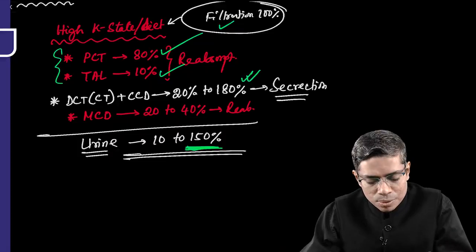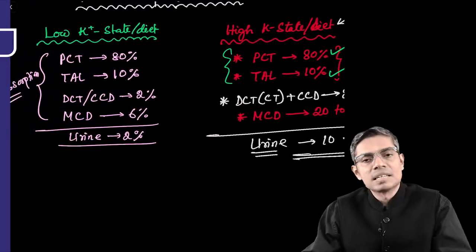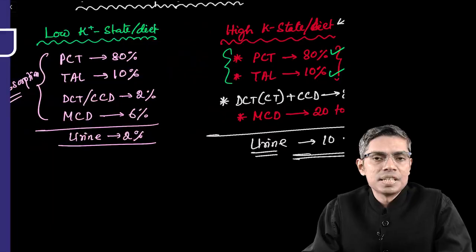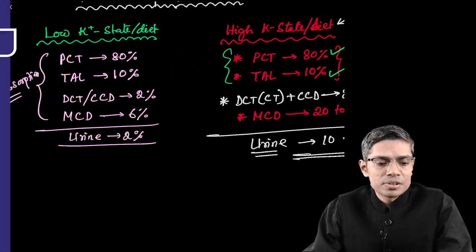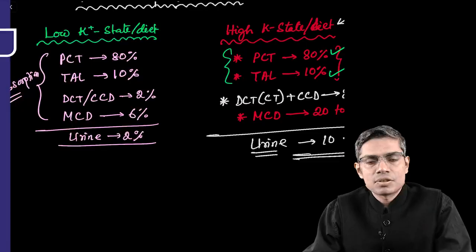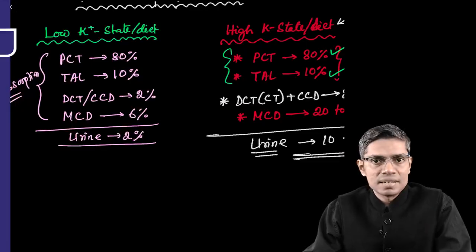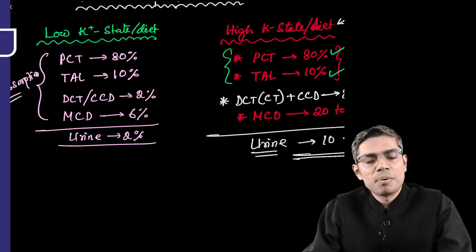Why am I saying so? Because this has been asked in an MCQ in the AIIMS PG entrance examination, that a person is taking potassium-containing salt hugely in his diet. The source of urinary potassium in this patient is mainly from the process of secretion.